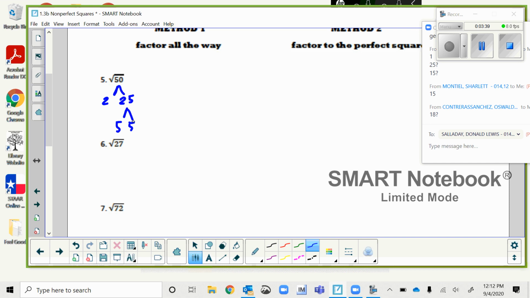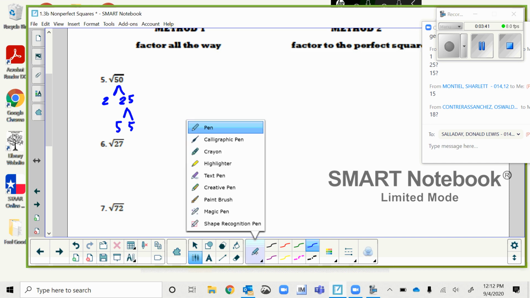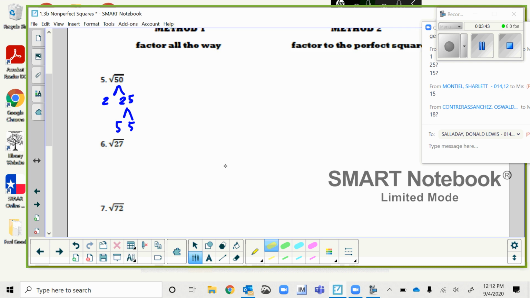And once you get here, because 5 and 5 can't break down anymore, what I've just done is rewritten 50 as 2 times 5 times 5.